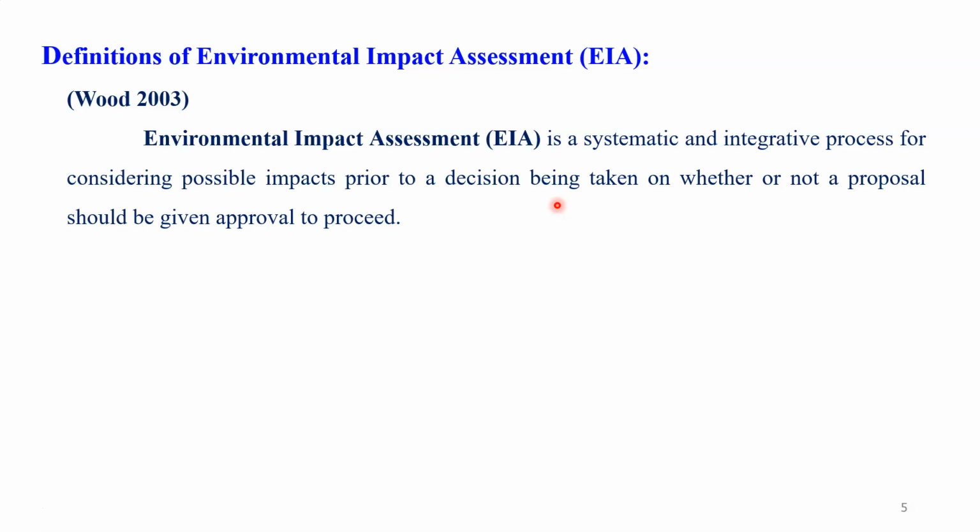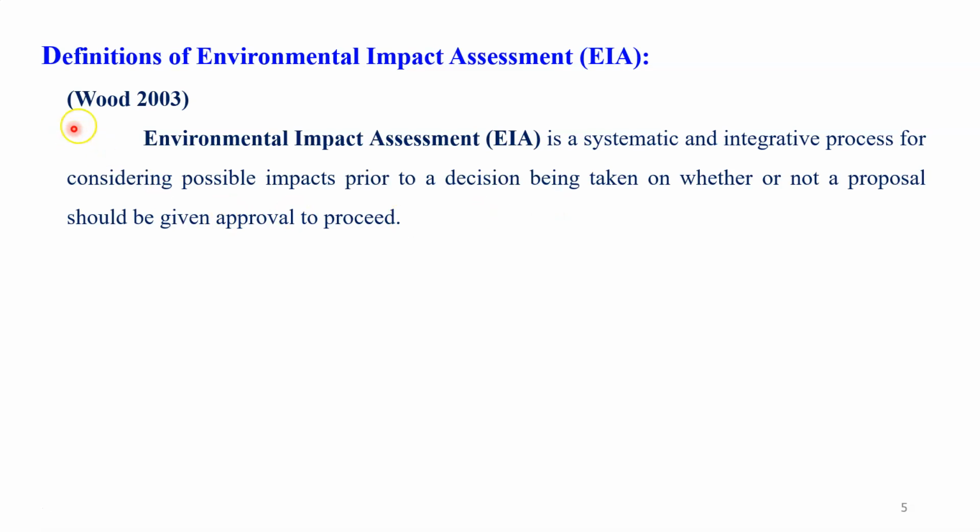If, when we evaluate the project, there is a negative effect on the environment that is too much, then definitely we are not going to approve this project. But if in future we are able to minimize the impact of this project on the environment, then on the basis of some terms and conditions, they can give approval to proceed with the project.